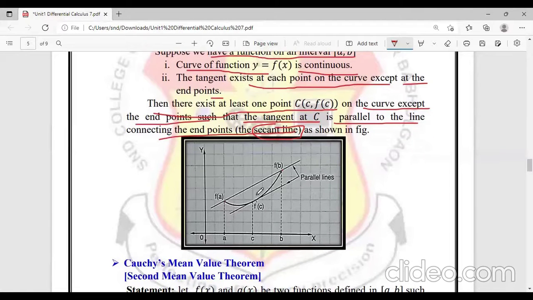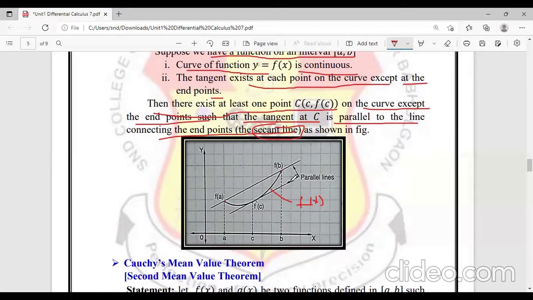See here, this is the curve of the function f of x. The graph is continuous and differentiable, so according to the theorem we get a point C at which we draw the tangent.